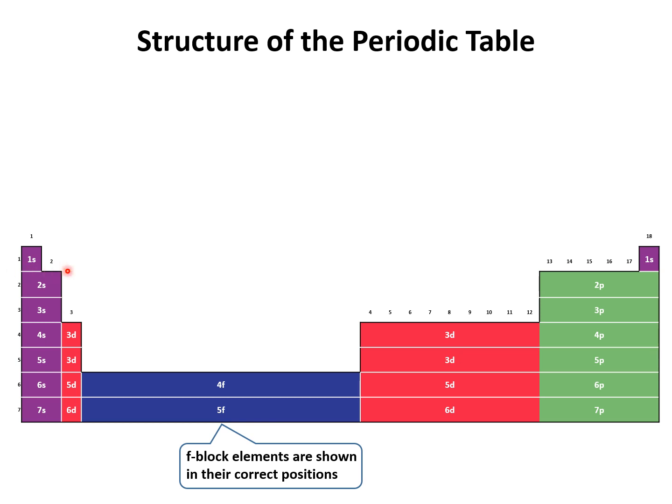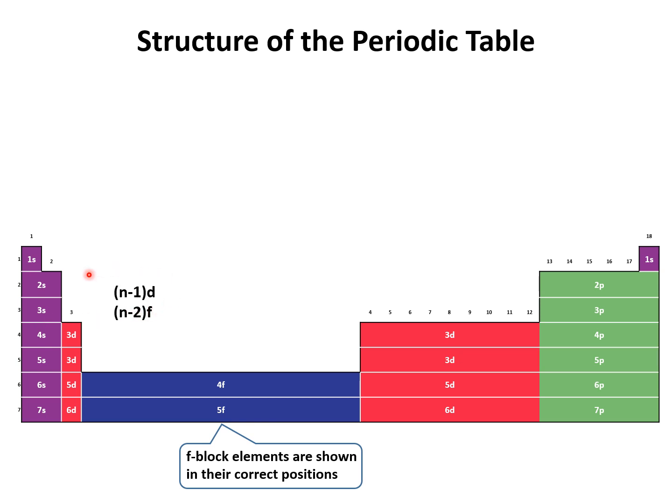So this is where we find the 1s atomic orbital. For the second period, where we have n equals 2, we have the 2s and the 2p atomic orbitals, and so on.